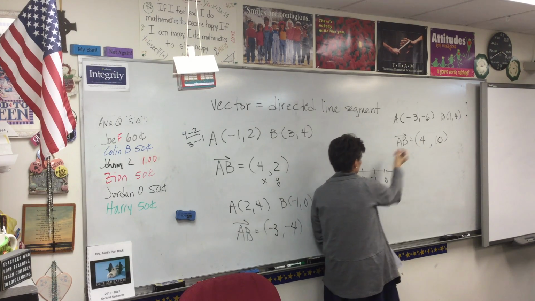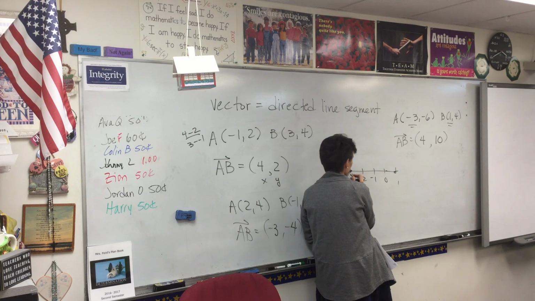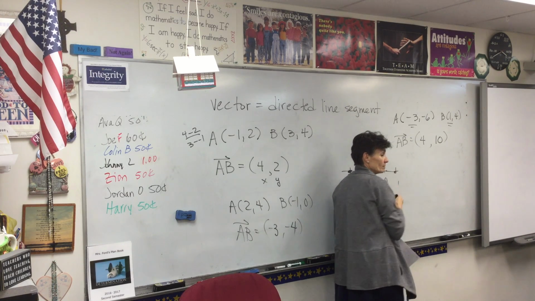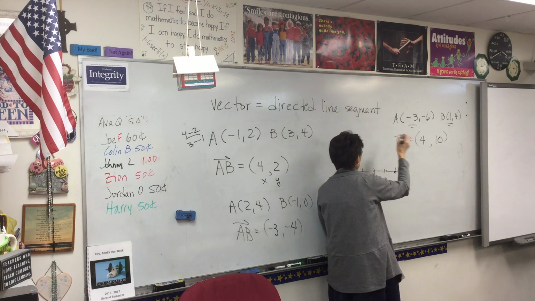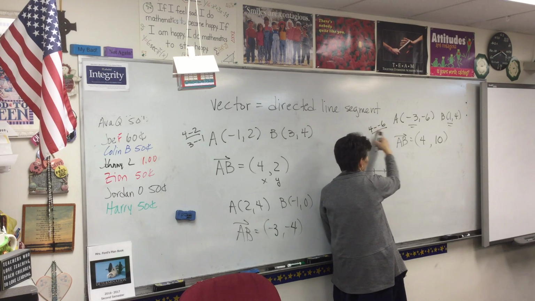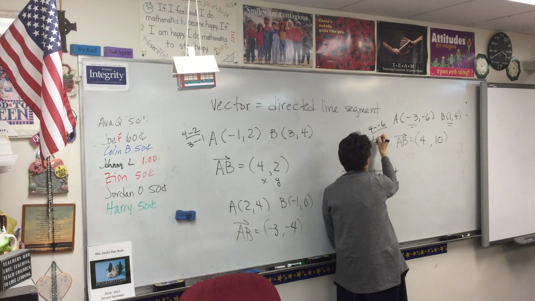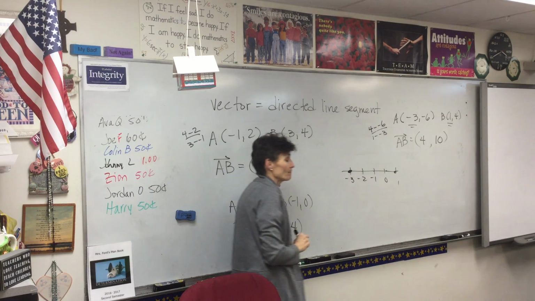Here's where you were starting, here's where you're ending. How many steps do you have to take? 1, 2, 3, 4. Or, as someone said earlier, it's like slope. 4 minus -6, that's your y, over 1 minus -3, that is your x.